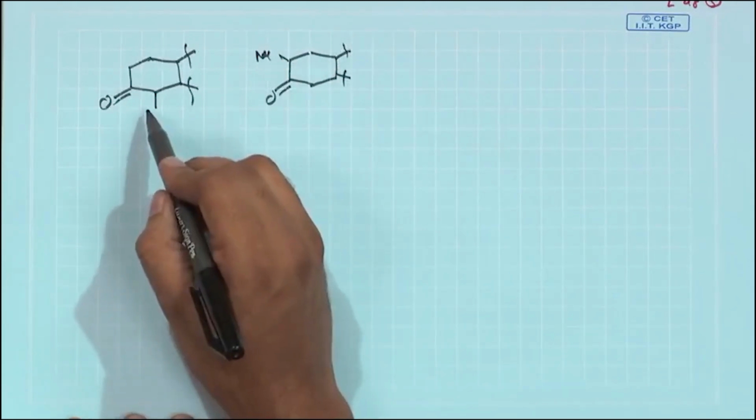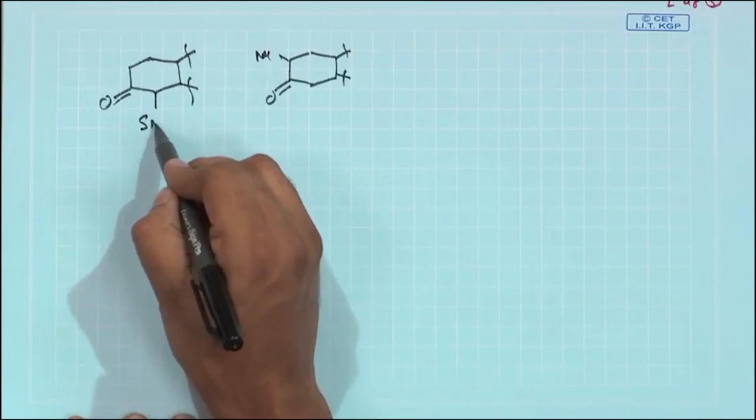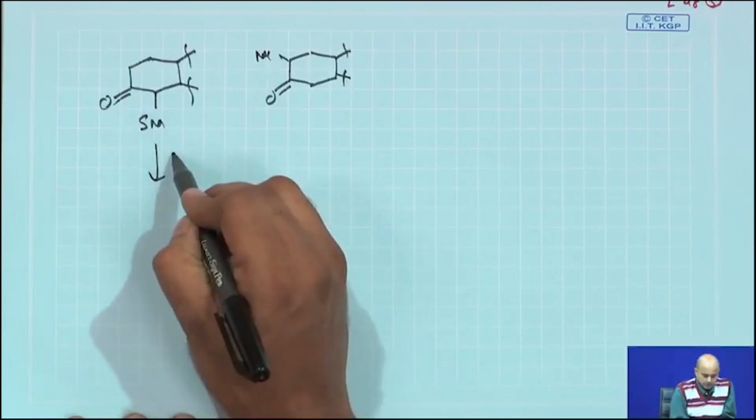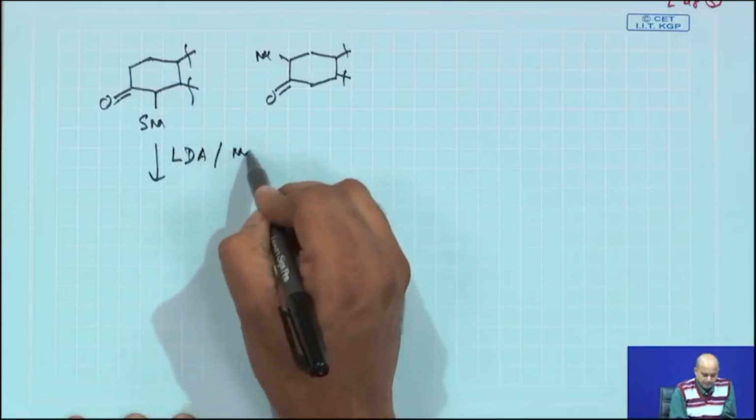Now, as I said, these two compounds can be separated out. If you can separate this starting material, you further do an LDA mediated alkylation.